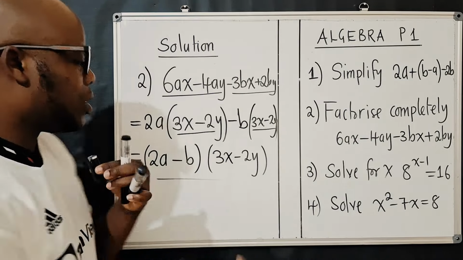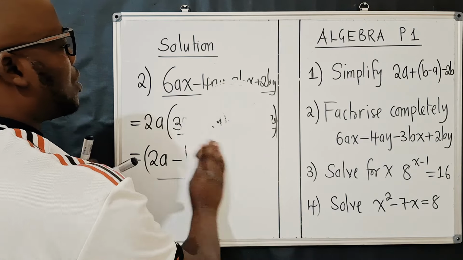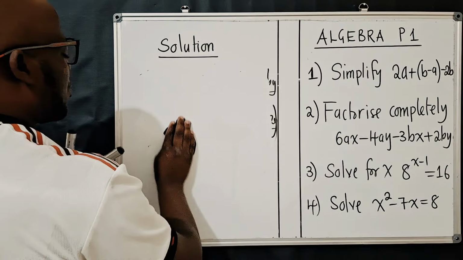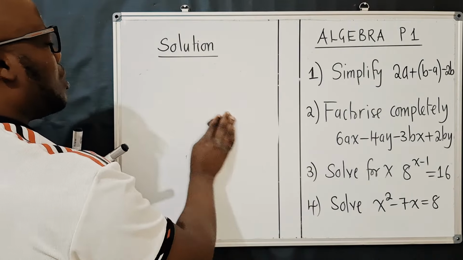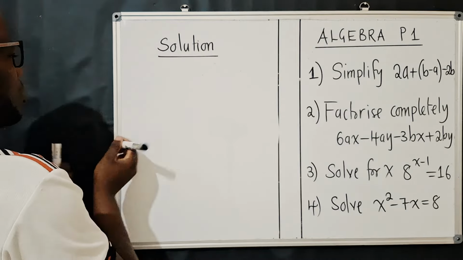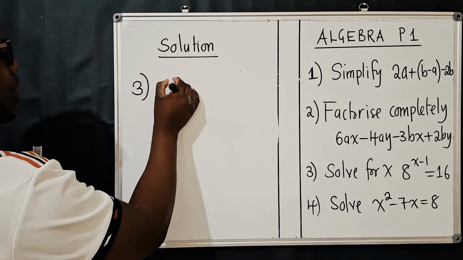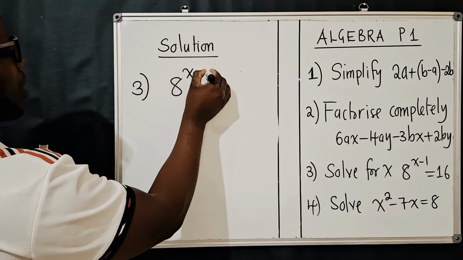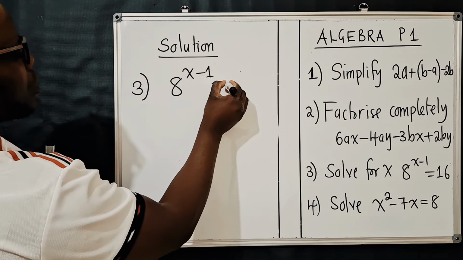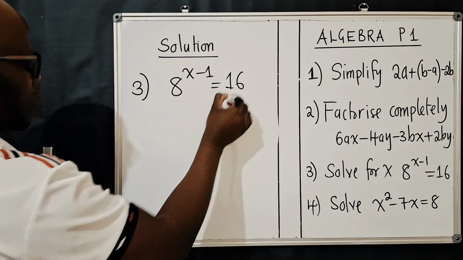So for question number 3, let's clean up here. Question number 3. So for question number 3, we've got 8 power x minus 1 is equal to 16.